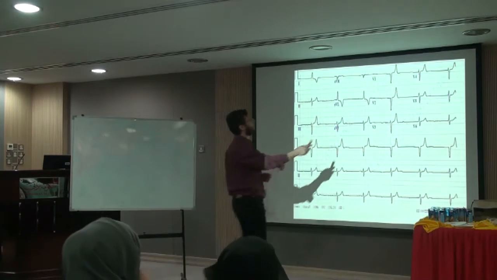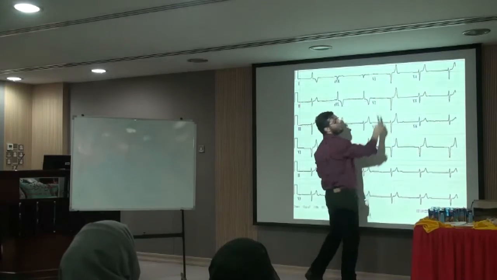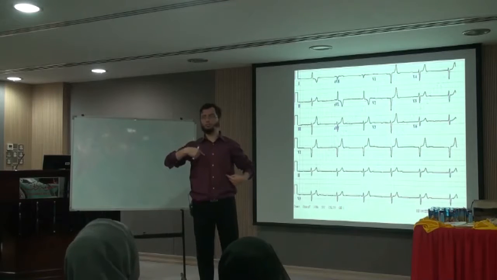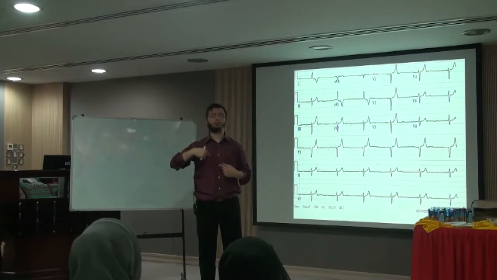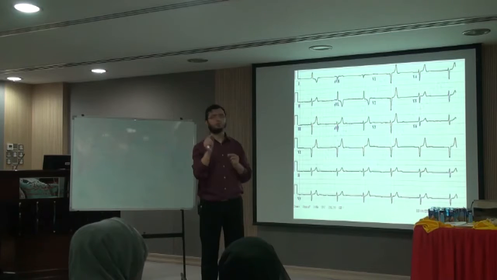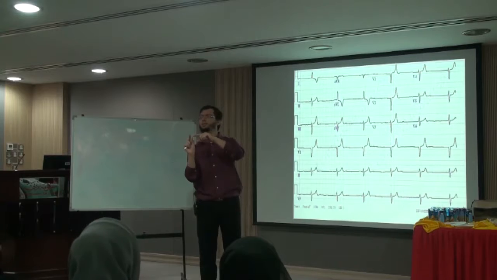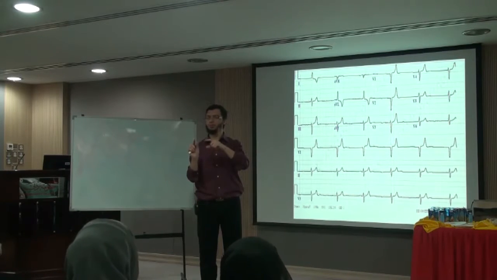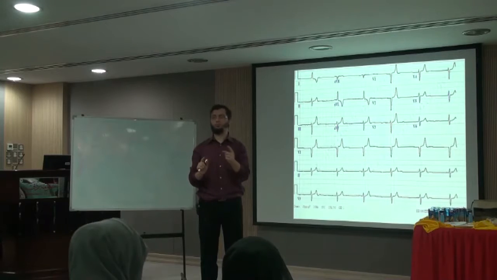So let's see in V1. What is the normal pattern of V1? In V1 everything is going away, so it should be negative P, negative QRS complex, negative T. Here, with a borderline complex, 2 to 3 small squares, you can see that the T wave is on the opposite side. So this goes with a ventricular beat, I mean a wide complex.